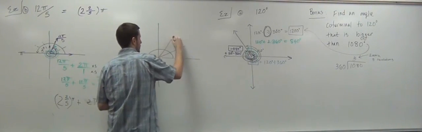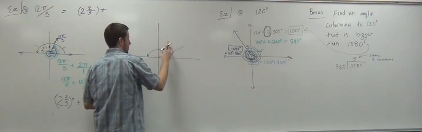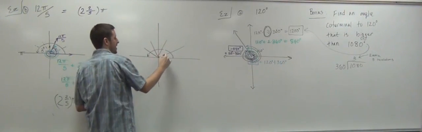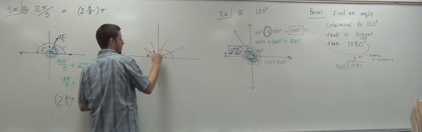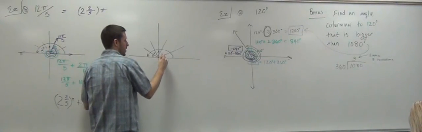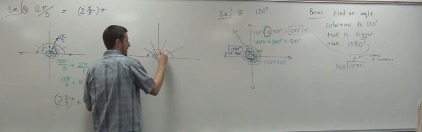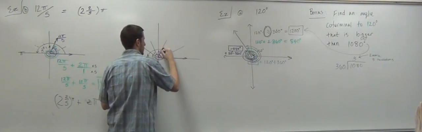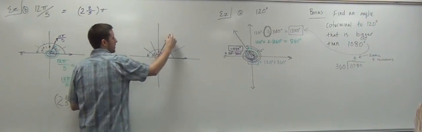Let's get one out of the way. So here's my 5 sectors, 1, 2, 3, 4, 5. I got my graph in the last one. I knew I went around once, and then I landed at 2 pi over 5. All right, so I'm just redrawing this graph here.